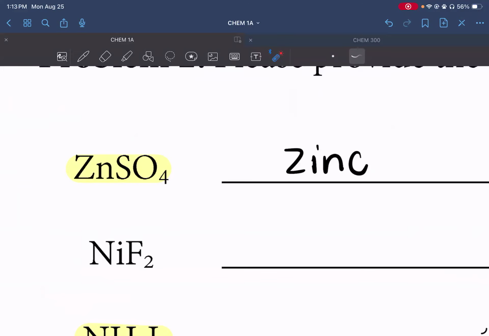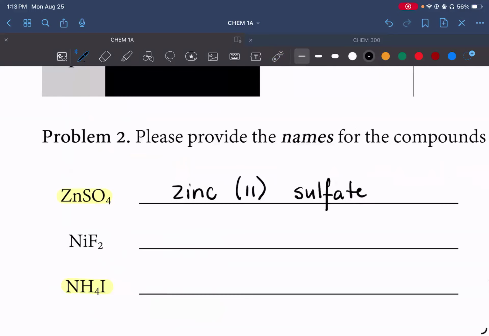What do we notice about this formula? We should notice that these are in a 1-to-1 ratio. And since we know that sulfate is 2 minus, what must the zinc be? Someone say it louder. 2 plus. That's what tells us the Roman numeral will be zinc 2 sulfate.